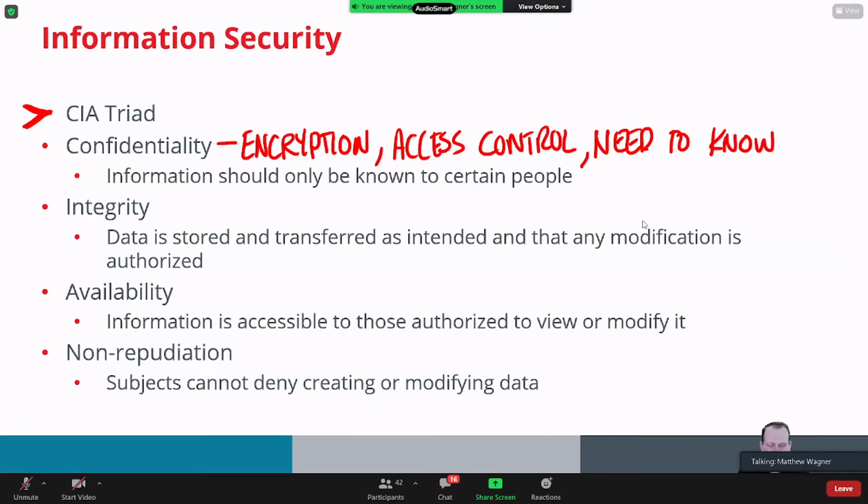As far as I goes, integrity, that's about making sure that data is not tampered with, that all modifications and transfers and so forth are authorized. So let's see here. Hashing is a great way to promote integrity.